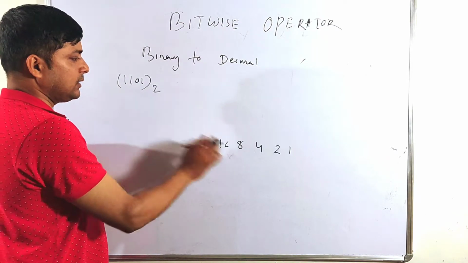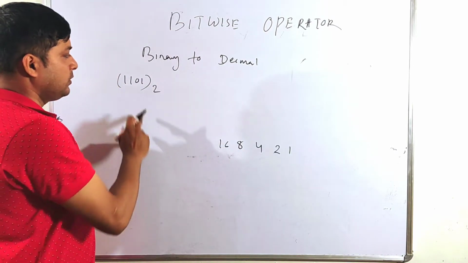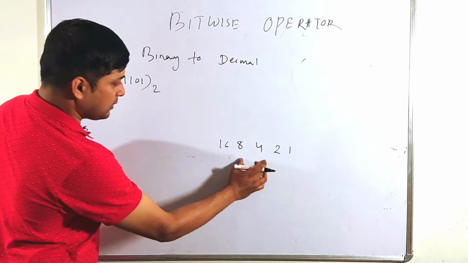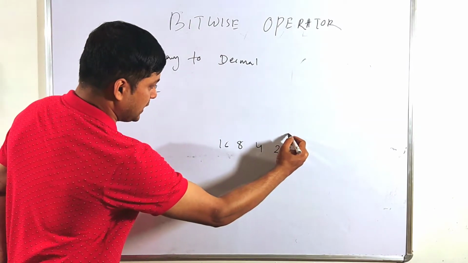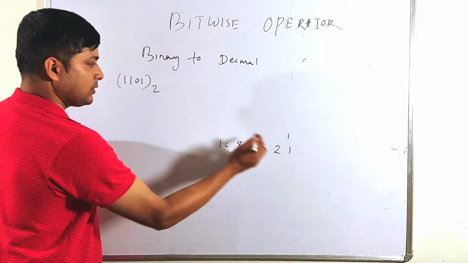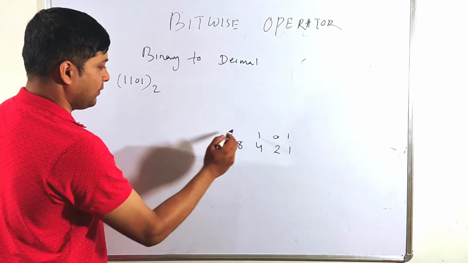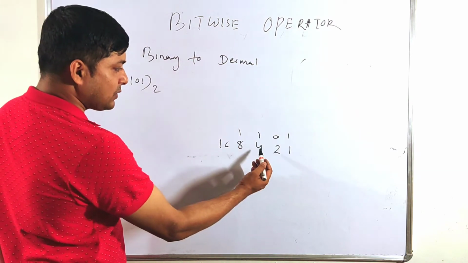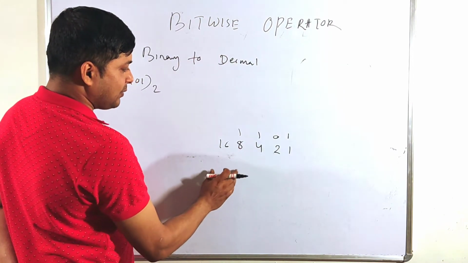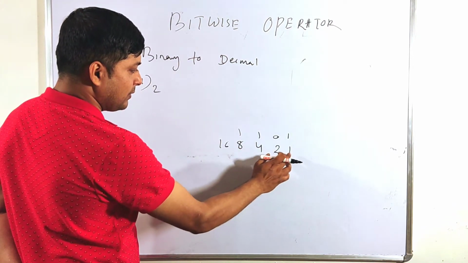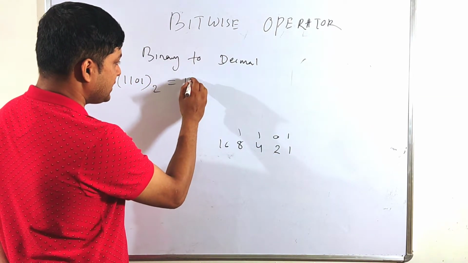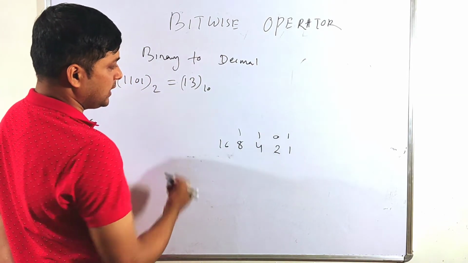There are 4 digits, so write 4 places. Put the digits in: first 1, next 0, next 1, next 1. Wherever 1 is written, take that place's value. So 8 plus 4 is 12, plus 1 is 13. The answer is 13. Clear?